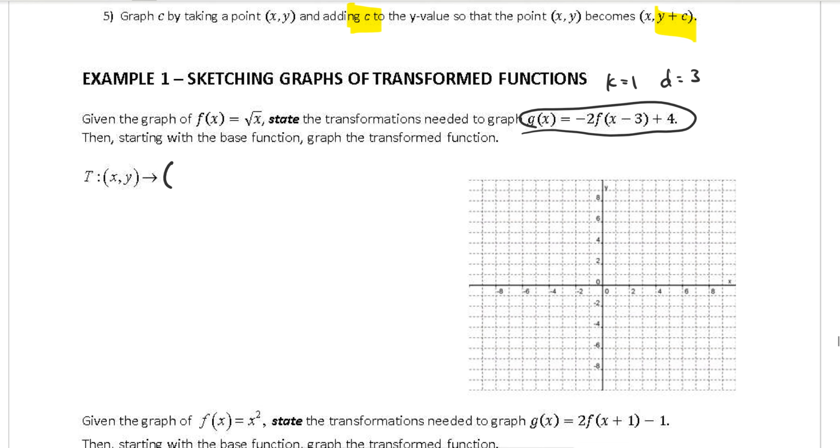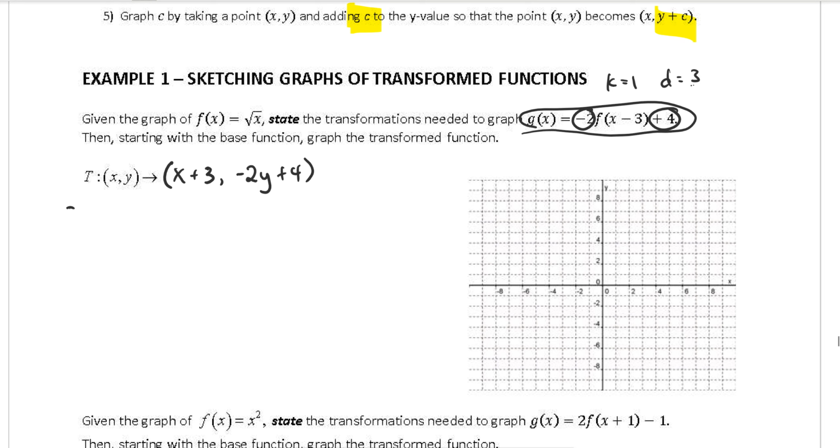Remember, if the operation's a minus, it's a shift to the right. d itself is actually a positive 3. So I'm going to adjust my x values from my base graph by adding 3. All right, stretches and compressions for the y values. Here, negative 2. So negative 2 times y. Then your other transformation is a translation plus 4 units. So negative 2y plus 4.